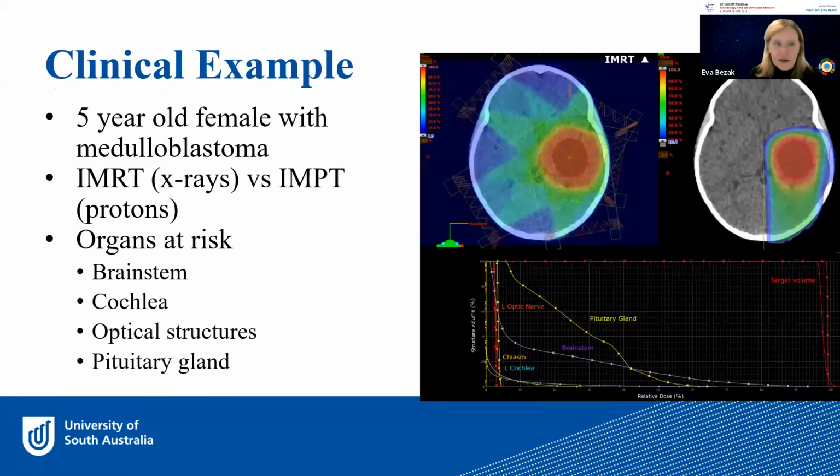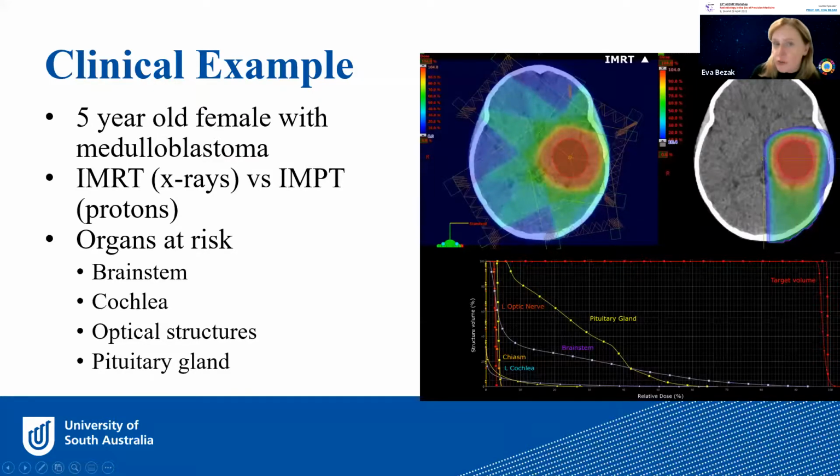I will use a clinical example of a 5-year-old female patient with a brain tumor known as medulloblastoma, and we performed 2 treatment plans, one with photons, intensity modulated photon radiotherapy, and one with protons, using intensity modulated proton radiotherapy. The organs at risk, for example, are the brainstem, cochlea in the ear, optic structures, and pituitary gland.